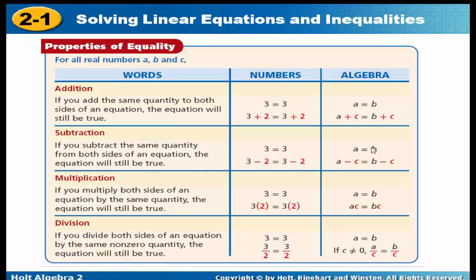So if A equals B, then A minus C equals B minus C. And in multiplication, if you multiply both sides of an equation by the same quantity, the equation will still be true. 3 equals 3. If we multiply both sides by 2, 3 times 2 equals 6 and 3 times 2 equals 6. So the formula: if A equals B, then AC equals BC.